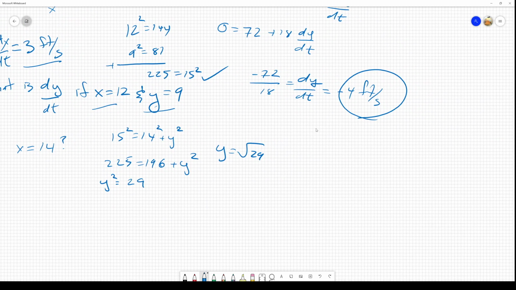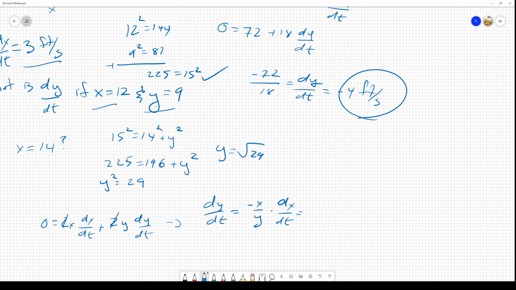So putting this all together, what was the equation? The equation was 0 is 2x dx/dt plus 2y dy/dt. So that means that I can cancel these 2's, and then I get that dy/dt is actually negative x over y times dx/dt. So dx/dt is 3, so this is negative 14 over the square root of 29 times 3.